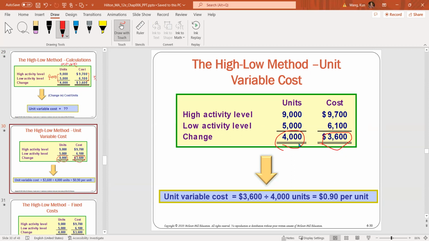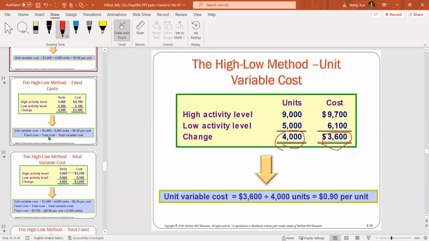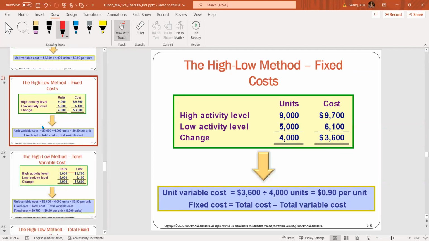For 4,000 units difference, the cost difference is 3,600. So we can find the first step, the variable cost per unit: 90 cents per unit. That's whatever the cost you are trying to analyze. So the high-low method, you first find the variable cost.